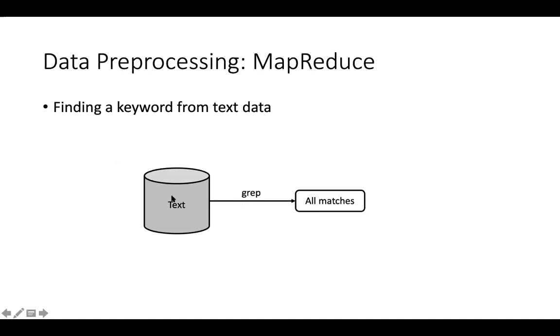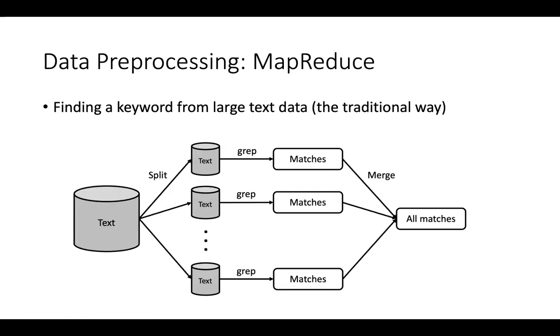So that is when you have a small amount of text. When you have a huge amount of text, an amount of data that does not fit in a single workstation, what we used to do before MapReduce is just split the data into several pieces and distribute it to multiple computers. They're not even hooked up like a cloud or anything. You just have a bunch of computers in a network.